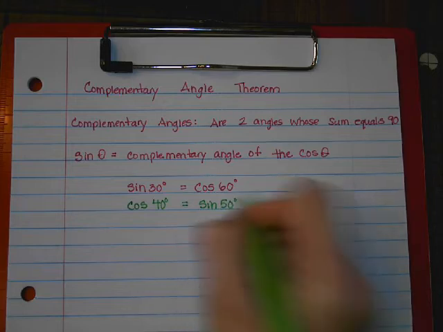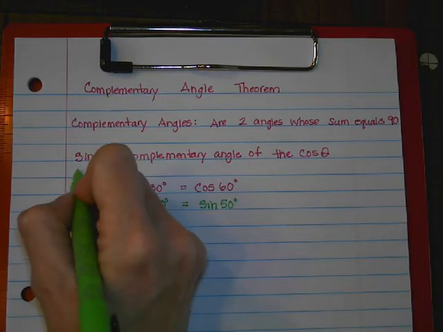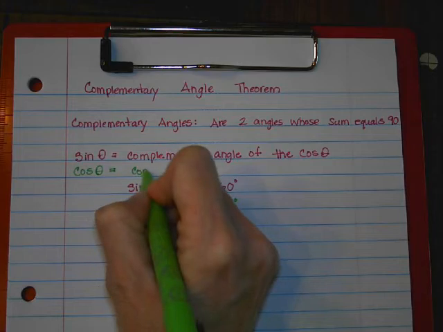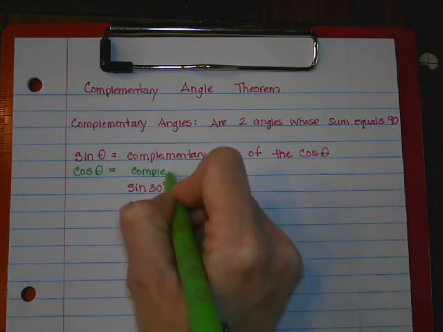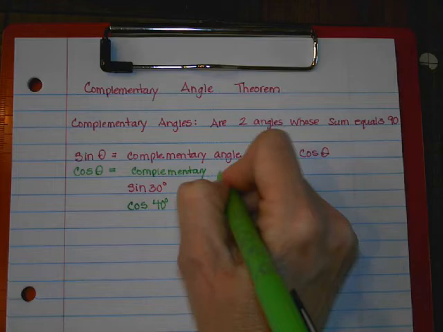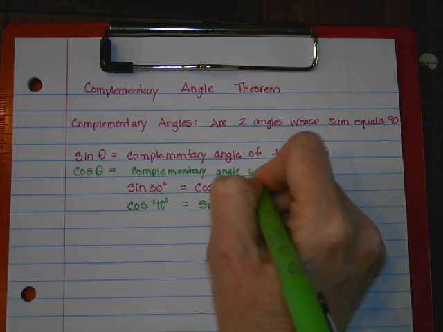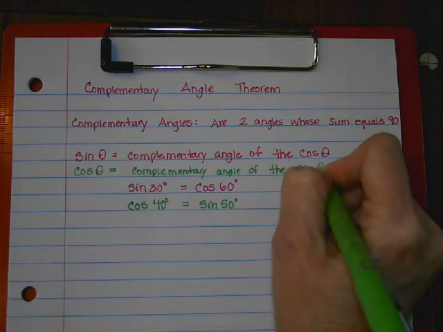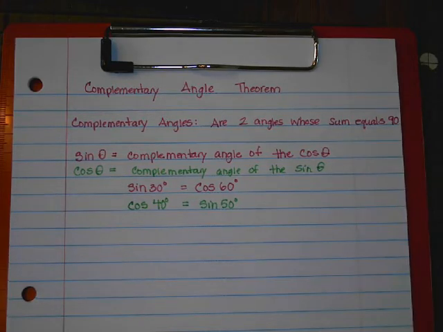So I'm going to put this down here. The cosine of theta will be equal to the sine of the complementary angle of theta.